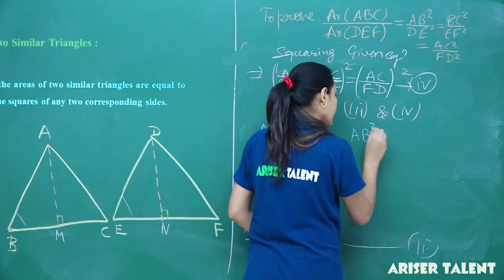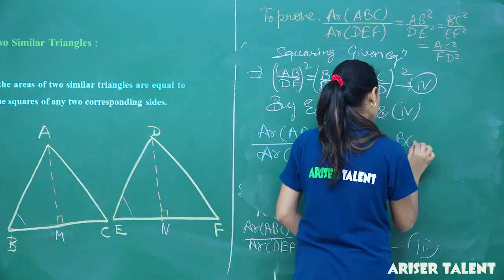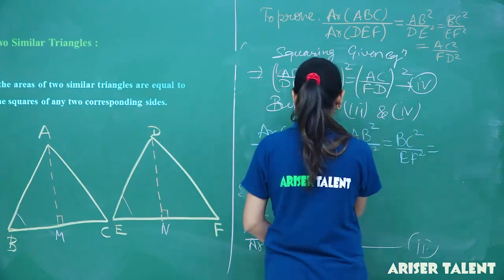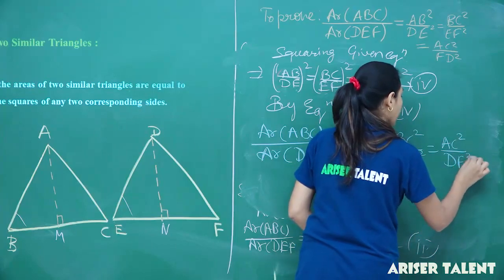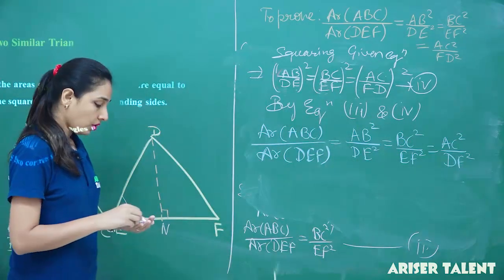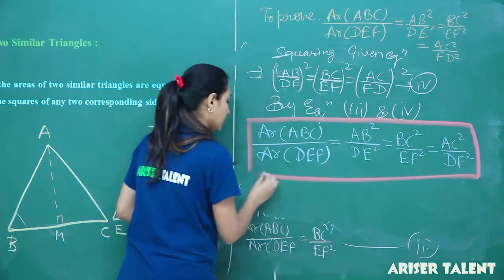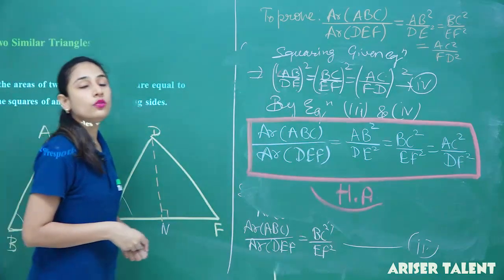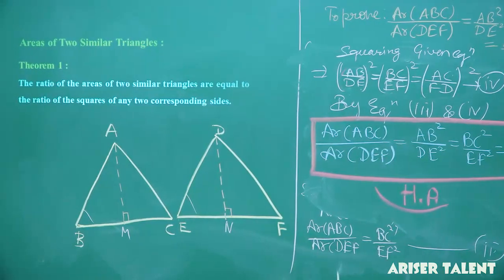AB square by DE square equals BC square by EF square and AC square by DF square. Right students? Okay. So this was what we had to prove. So students, from here you can prove. Note it students, then we will be doing some questions based on this similar triangle area.